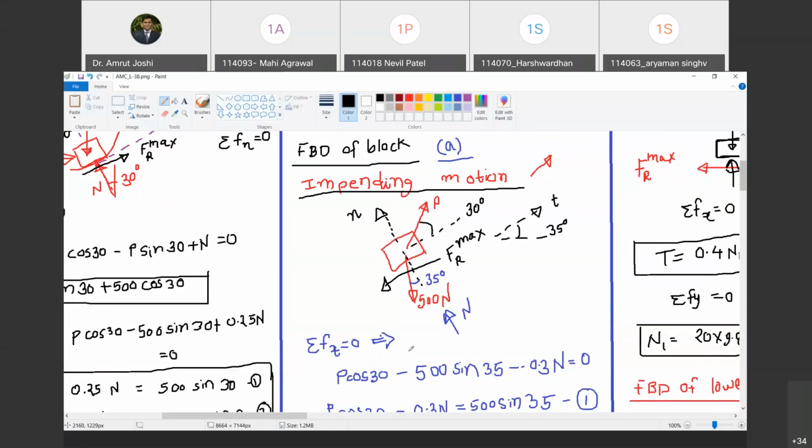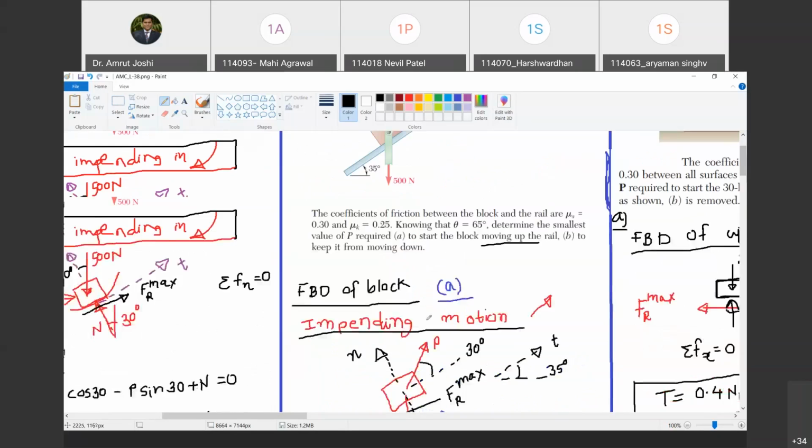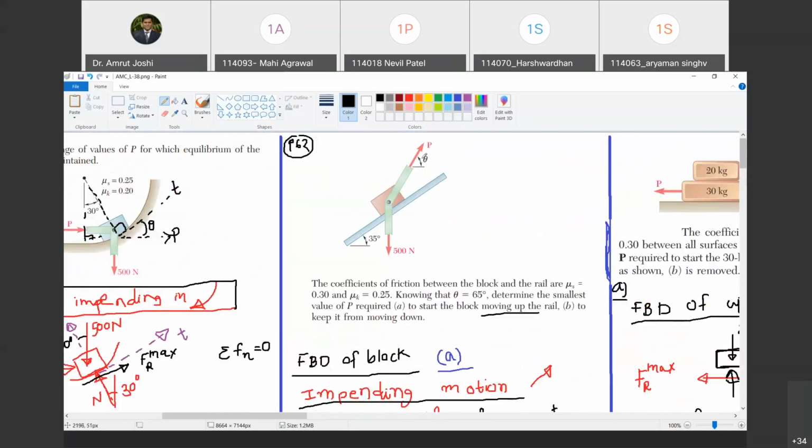So I need to find out angles made by all the forces with reference to N or T. Happy? Yes, sir. So what is the angle that P makes with horizontal? It is theta. But what is the value of theta? Theta is given as 65. Happy? Yes, sir. Now this angle is 65, but I want to find out the angle that P makes with this rail.